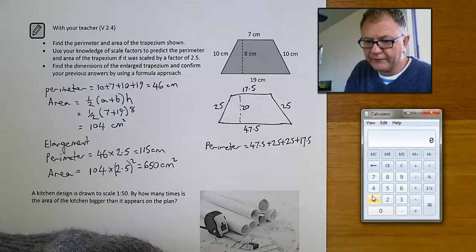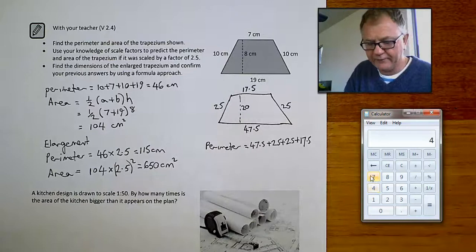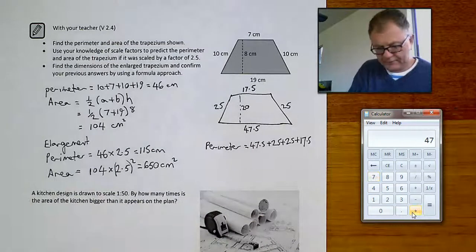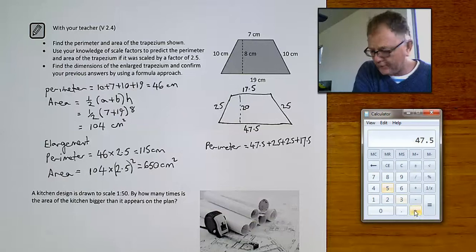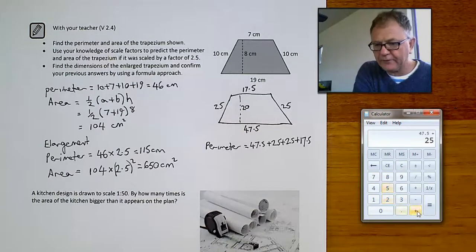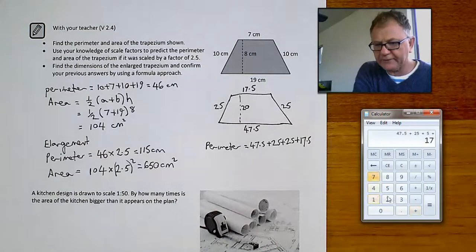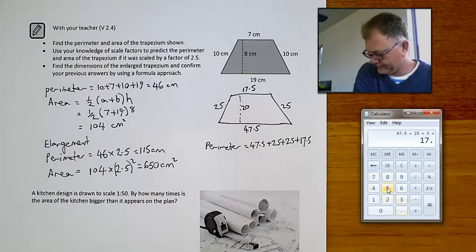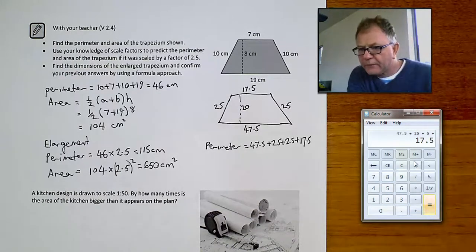So it's going to be 47.5 plus 25 plus 25 plus 17.5. I think I made a mistake there.